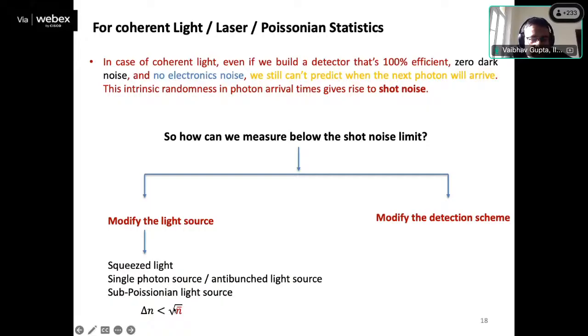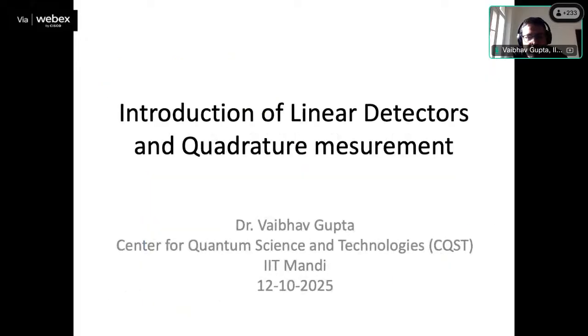What are these sub-Poissonian light sources? One is the single photon light source, another is squeezed light, and there are others as well. Another option is to do something with the detection, called balanced homodyne detection. There is also heterodyne detection, and more or less they are the same. By doing these things, we can detect below the shot noise limit. That is another topic for today.